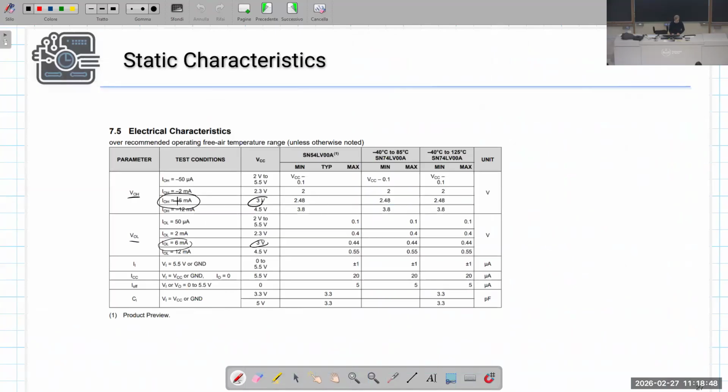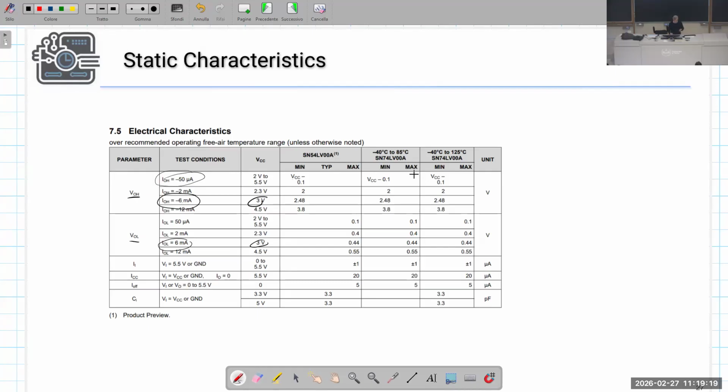In this table, it is specified that the minimum guaranteed output voltage at the high level is VCC minus 0.1 with an output current of minus 50 microamps. So if I want to consider a condition in which I have an output current of 50 microamps, I should take this row of the table.